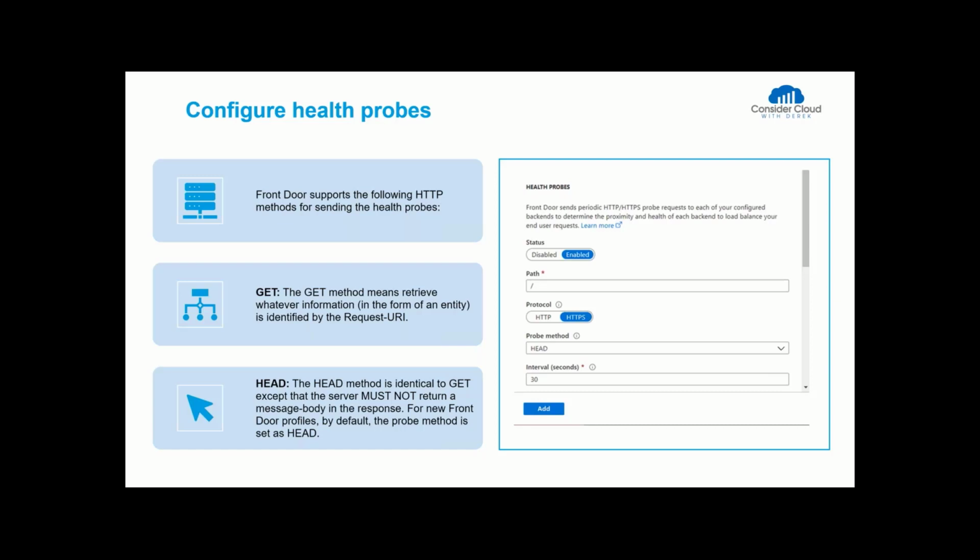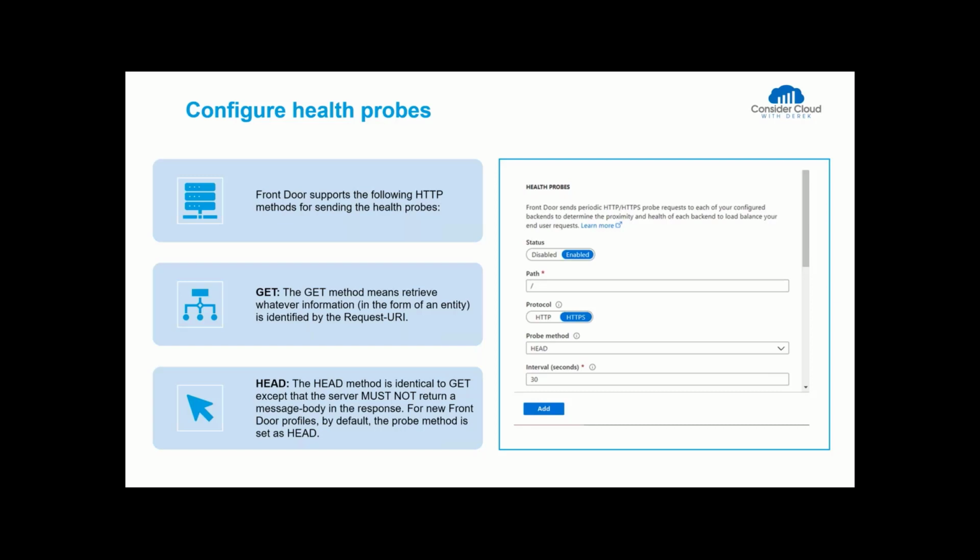Each Front Door sends periodic synthetic HTTP or HTTPS requests, depending on which type of health probe protocol you choose, to each of your configured backends. Front Door then uses the response from the health probe to determine which is the best backend resource to route your various client requests.